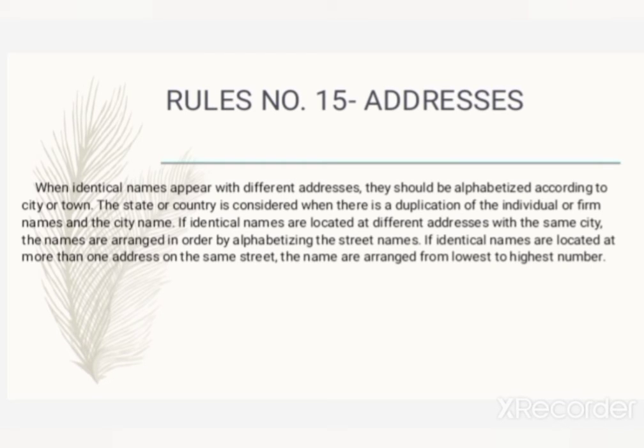Rule number 15. Addresses. When identical names appear with different addresses, the correct indexing arrangement is that they should be alphabetized according to city or town. And when identical names with different addresses are in the same city, the names are arranged alphabetically.